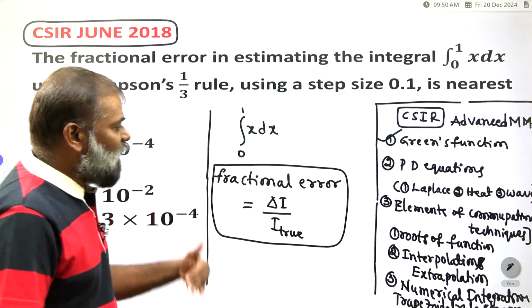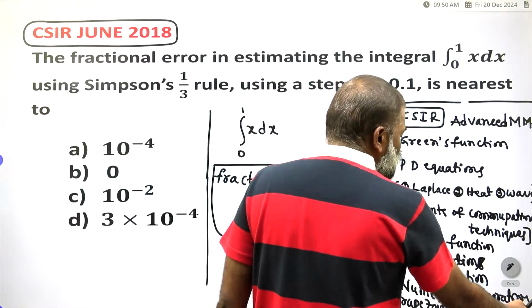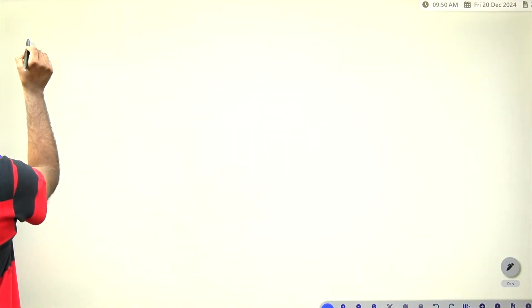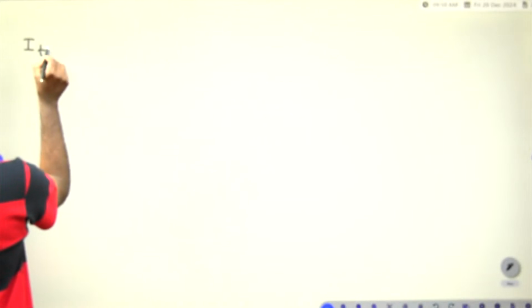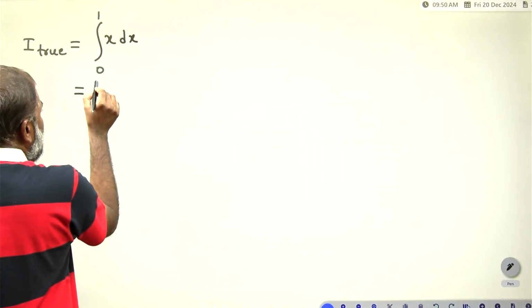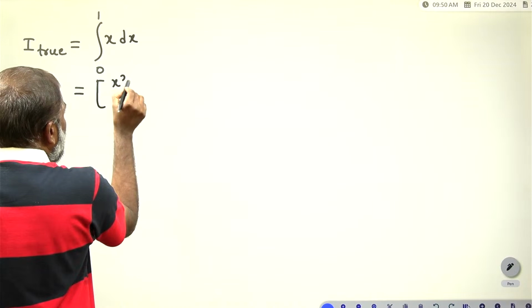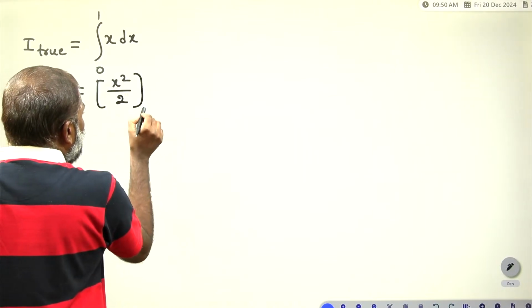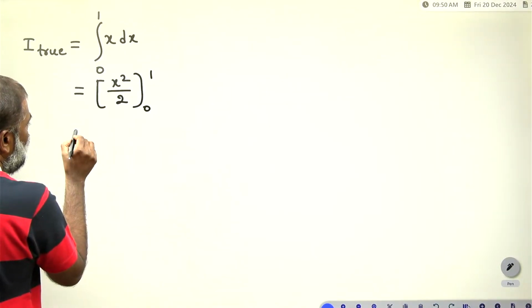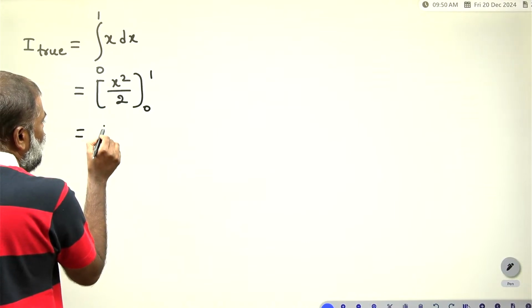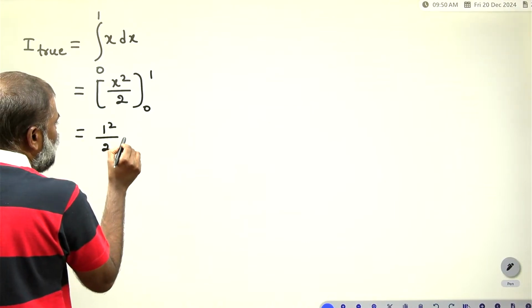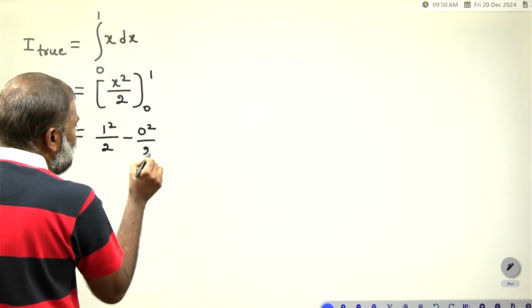How do we calculate the true integral? The integral from 0 to 1 of x dx is x squared by 2. Applying the limits 0 to 1, first the upper limit: 1 squared divided by 2 minus 0 squared divided by 2.